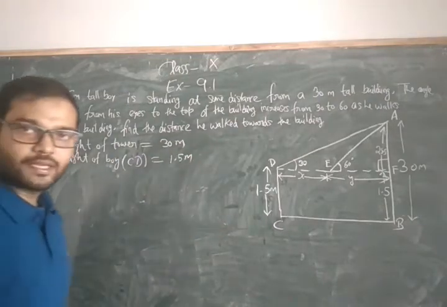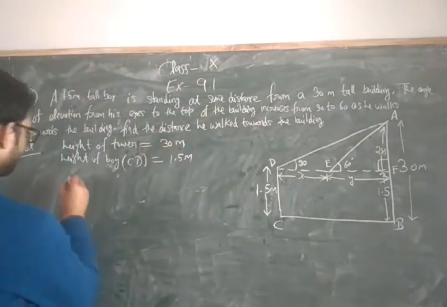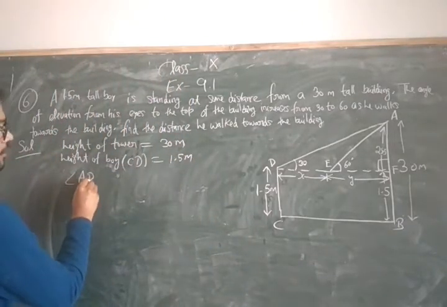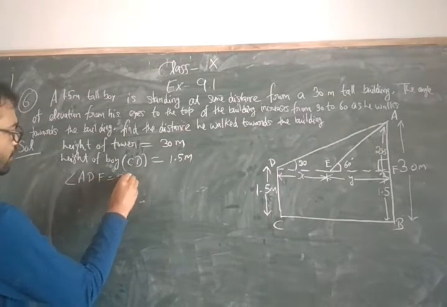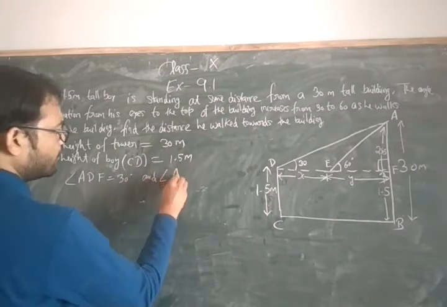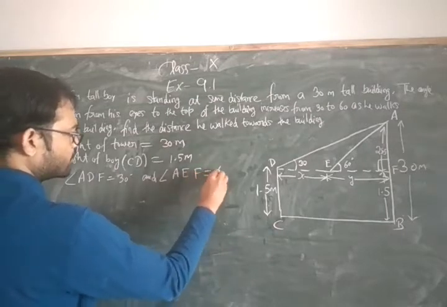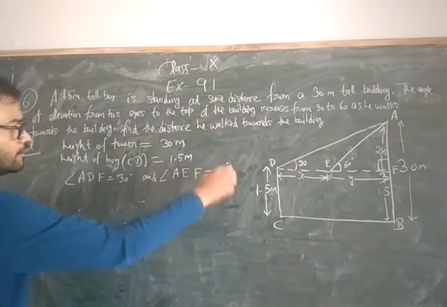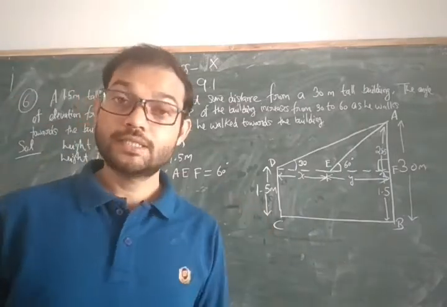And what else is given in this? Angles are also given, so you can write angles also. That angle ABF is equal to 30 degrees and angle AEF is 60 degrees. Okay, one is 30 degrees and the other is 60 degrees.